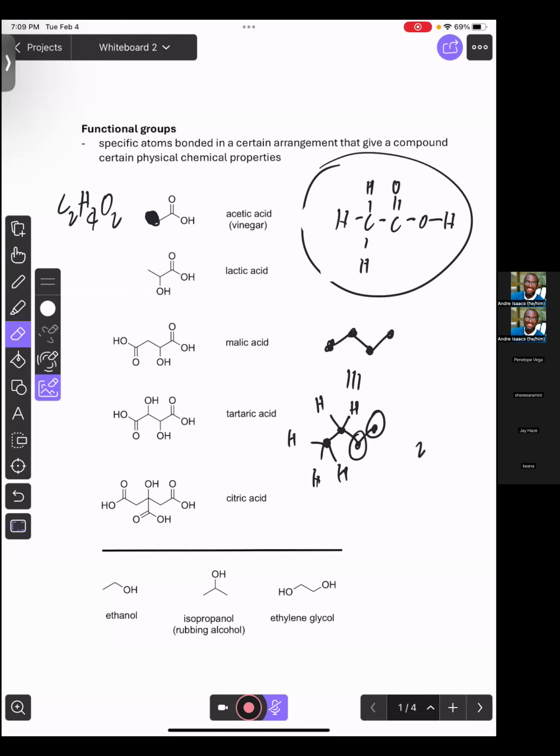Okay, so now that I've introduced line angles to you, let's see if we can appreciate the fact that the C2H4O2 molecule that I drew on the top right is identical to the structure I have next to it on the left, the line angle, which is acetic acid in vinegar. So you can see from the regular Lewis structure on the right, I have 2 carbons.